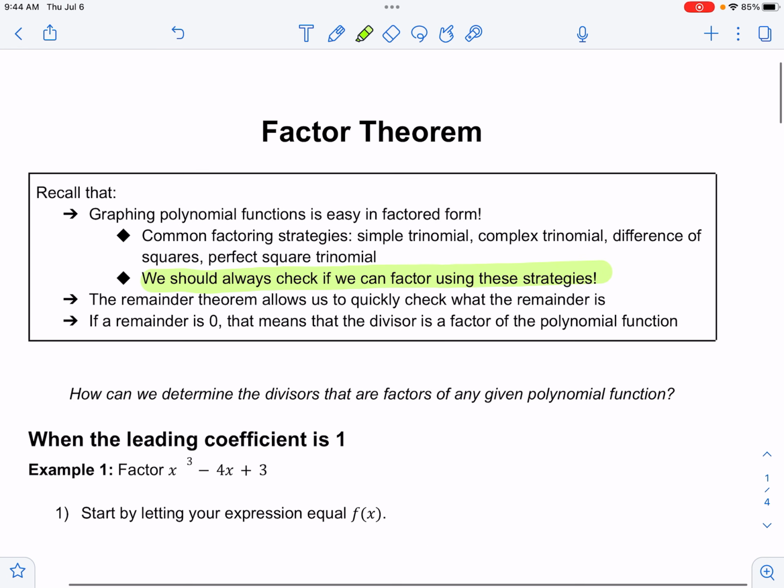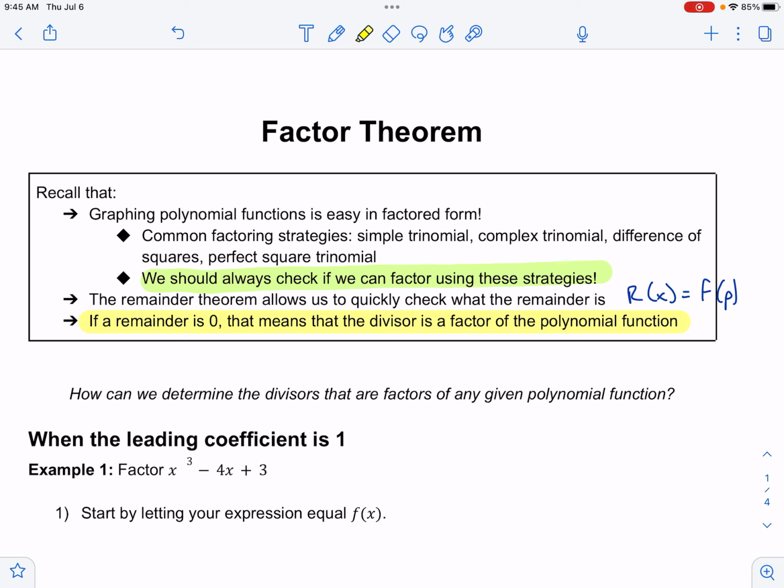You'll also remember that the remainder theorem allows us to quickly check what the remainder is. We saw that the remainder is equal to our function at that point. And previously we mentioned this is where it all comes together, and the key sentence in all of this is that if a remainder is 0, that means that the divisor is a factor of the polynomial function because it divides easily.